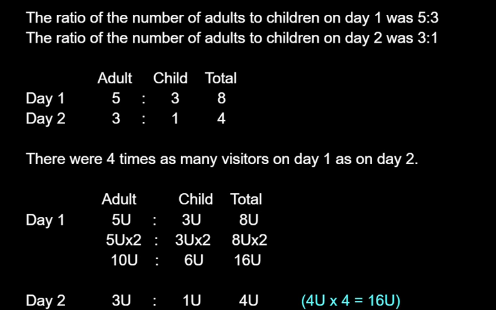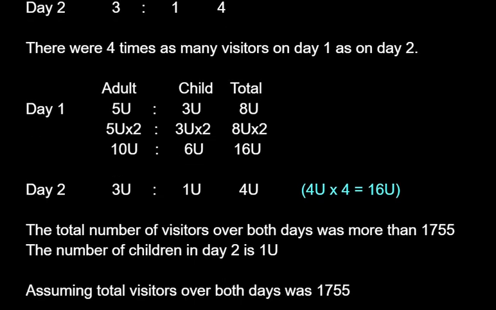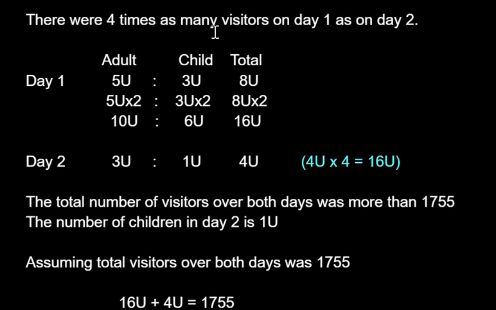Once you have the ratio, you can now continue on the second part of the question. The information given was that there were 4 times as many visitors on day 1 as on day 2. So if day 2 is 4 units, day 1 has to be 16 units because 4 times.